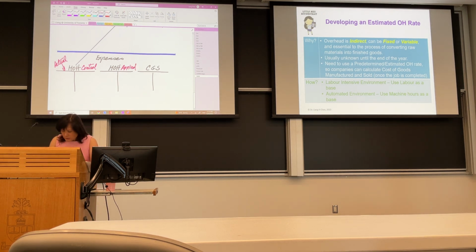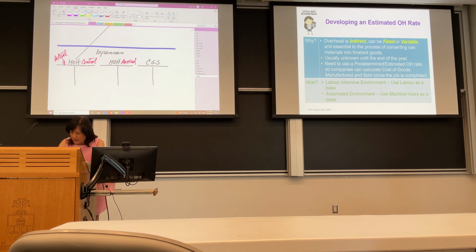The actual is the rent, the utility, maintenance, direct material, indirect material, everything else. This is the actual amount you spend. But the applied account is based on the estimated overhead rate times actual quantity. This is not real, it's just an estimate.